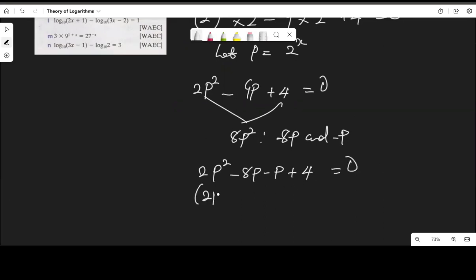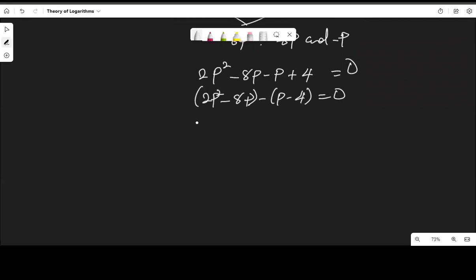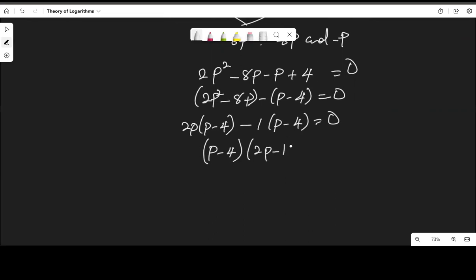If we group it 2 by 2, we have this, and p minus 4 equal to 0. 2p is common here: 2p into p minus 4. Then here 1 is common: p minus 4 equal to 0. We have a common factor p minus 4. Then we'll group the other one together, equal to 0.